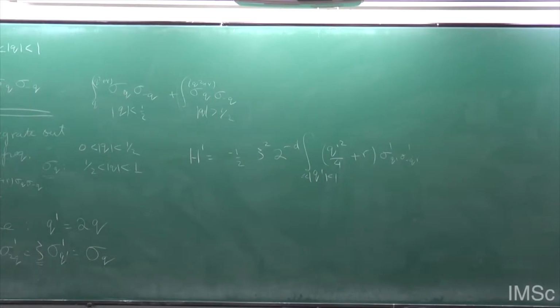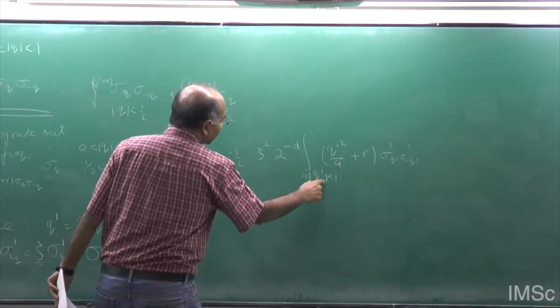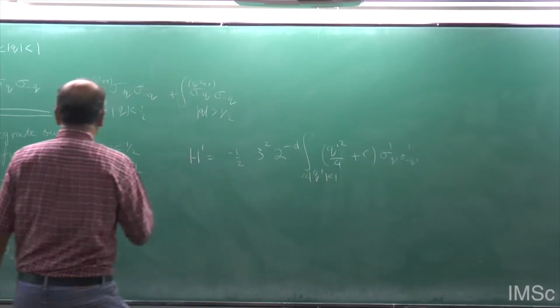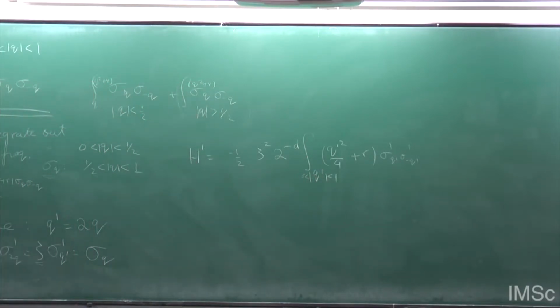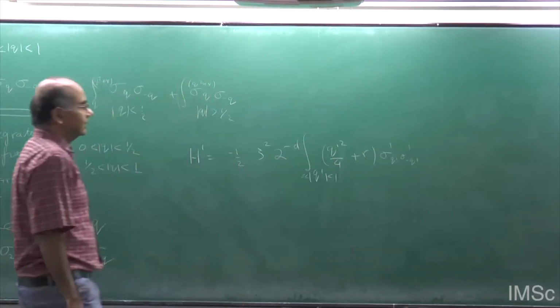I've just made this substitution. As I said, this is 2 to the power minus d because you change the variable of integration from ddq to ddq prime, so that gives you d factors of 2, a factor of 2 to the power of minus d.